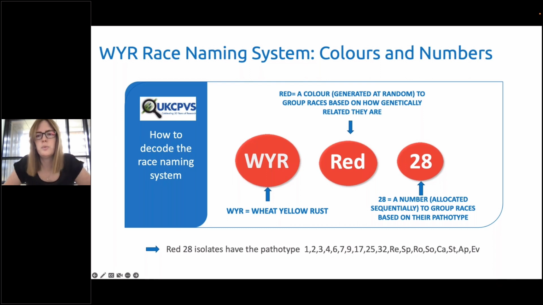For example, here we've got the red group, which is very diverse, and the number is allocated to the pathotype, so that combination of those virulences that the isolate carries. For example, here we have red 28, for which the pathotype is shown on the screen. And for the red genetic group, there are over 50 red pathotypes. So this genetic group is very diverse.